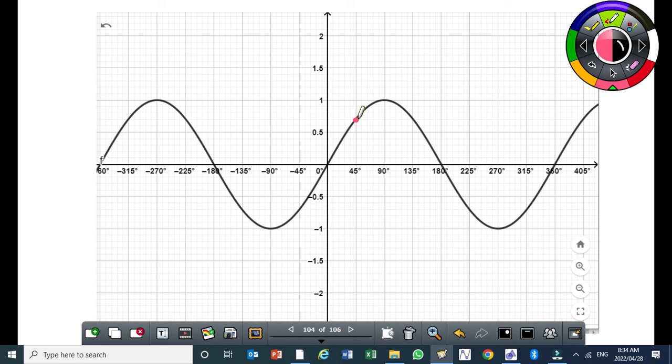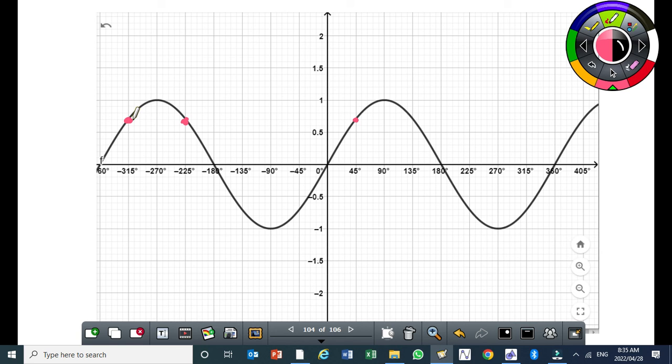But I'm sure you can agree with me that that's not the only point where y is 0.7. y is also 0.7 here, and y is also 0.7 as I go down to my left. It's also 0.7, those 3 points.